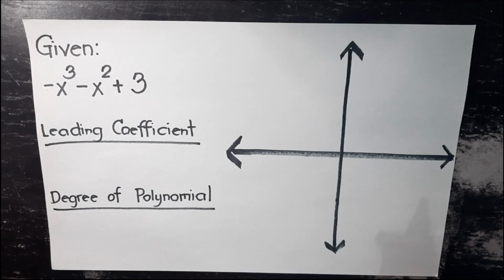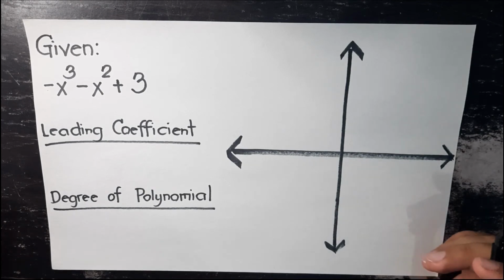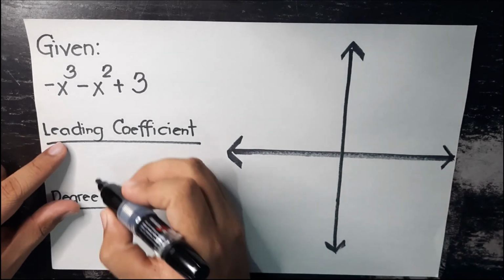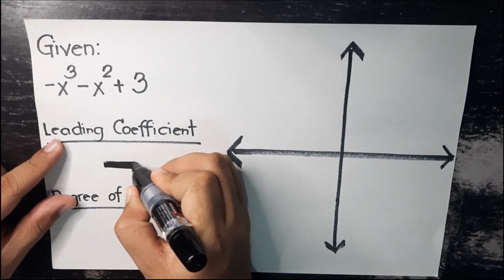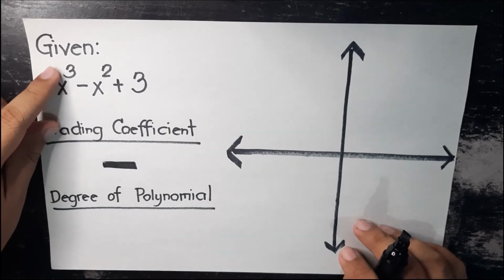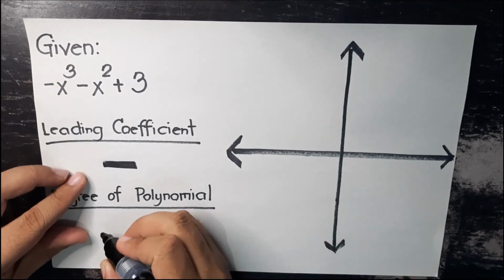For our third condition, our given is negative x cubed minus x squared plus 3. So again, the leading coefficient is negative 1, which is a negative number. The degree of the polynomial this time is 3, which is an odd number.